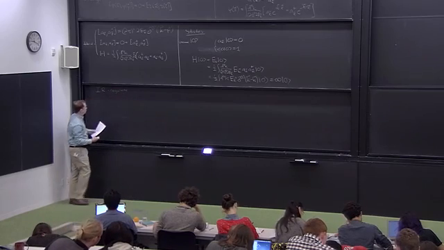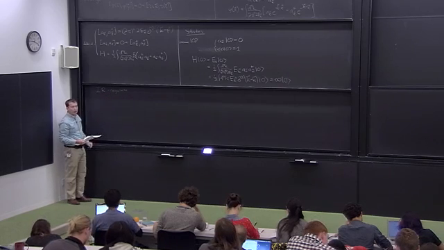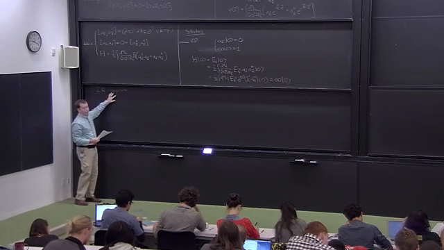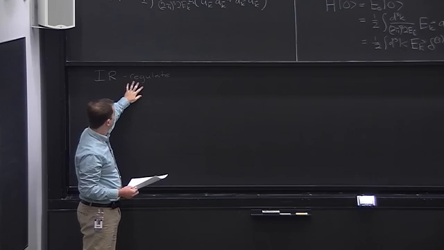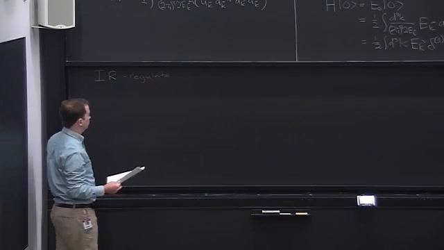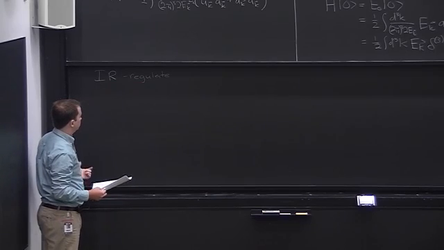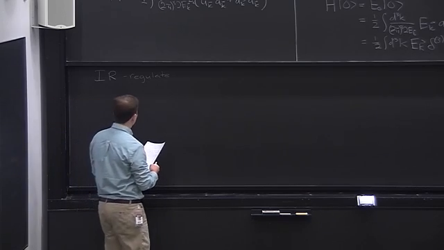By regulate, this is something we're going to do frequently, several times in this course and frequently in QFT2, I just mean modify our theory in some way to remove the divergence, and then at the end we'll undo whatever we did, and hopefully we'll be left with a finite answer in the end.